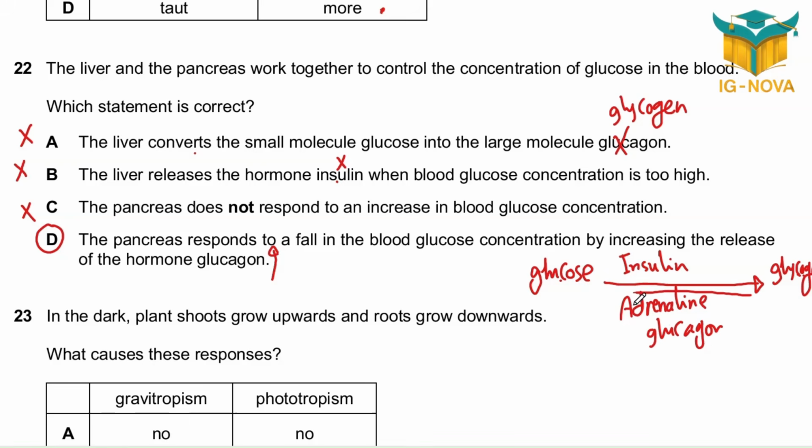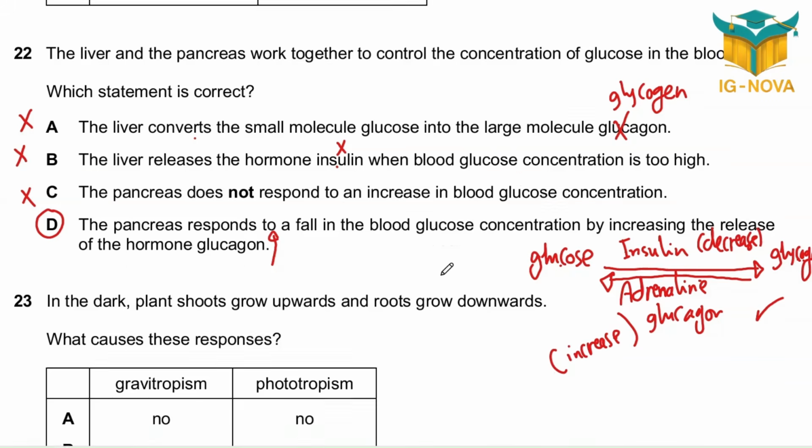So this arrow is going back. Don't forget please. So in our syllabus, we have 3 hormones to control glucose level, either by increasing it or by decreasing it. Insulin to decrease, and both adrenaline and glucagon to increase.